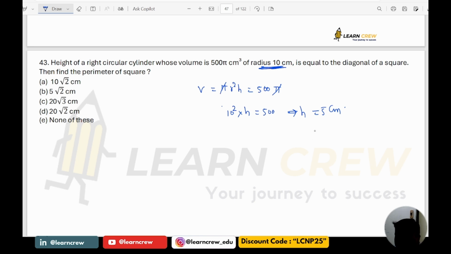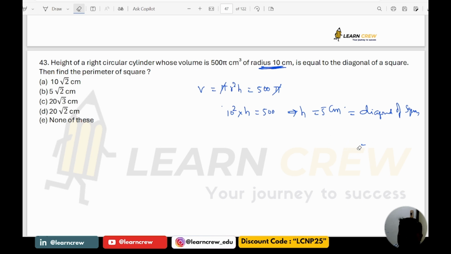If the diagonal is 5, the area of the square would be 5 square by 2, which is 25 by 2. But the area is not required.